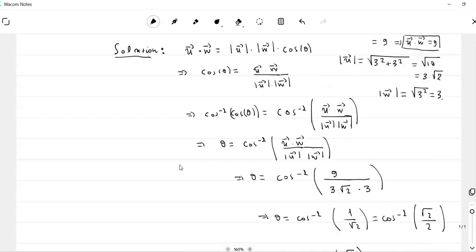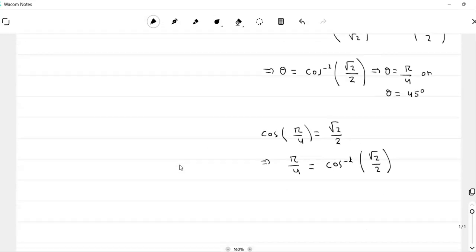Consequently, the angle between the two vectors is 45 degrees or pi over 4 radians.